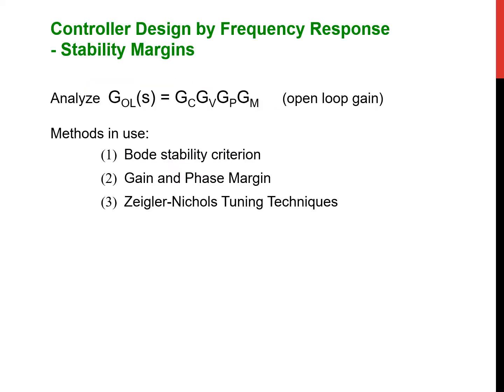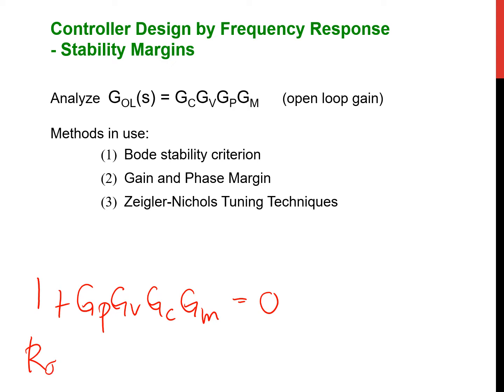So, in the previous case, we used what we call the characteristic equation, where you have 1 plus GP, GV, GC, GM equal to 0. This equation is used for the Routh stability criterion.